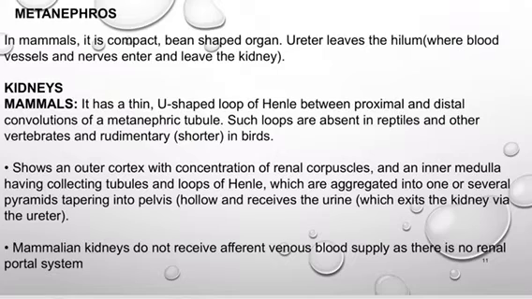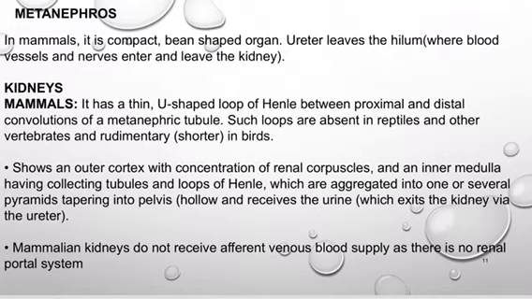The metanephros in mammals is compact, bean shaped. The mammals have a ureter that leaves the hilum of the kidney, the part where you have blood vessels and nerves entering and leaving the kidney.